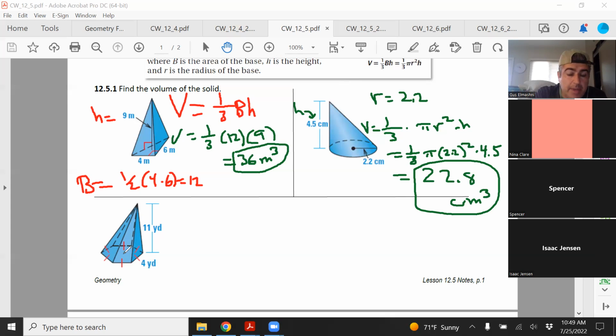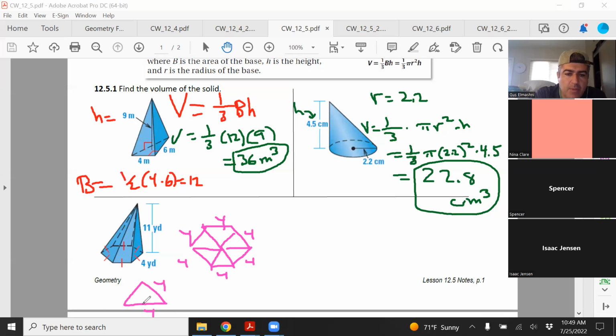And then here you have a hexagon, so you have to find the area of that base. That's a little crazy. So it's 4, 4, 4. And we talked about how with a hexagon, you want to form 6 equilateral triangles.